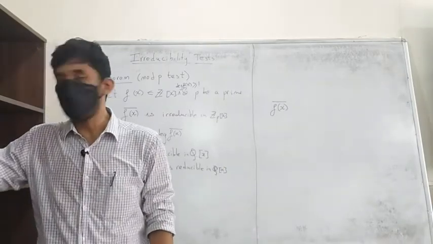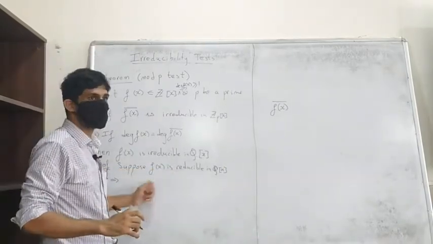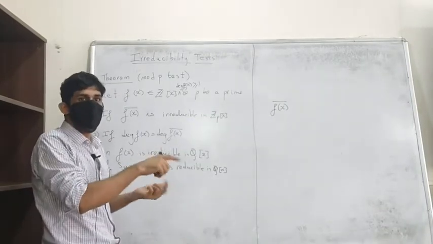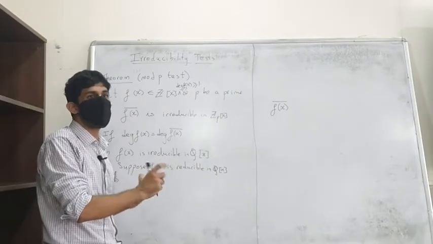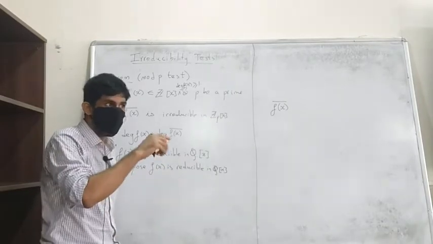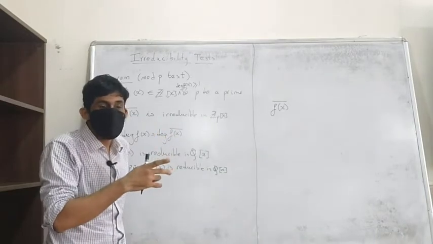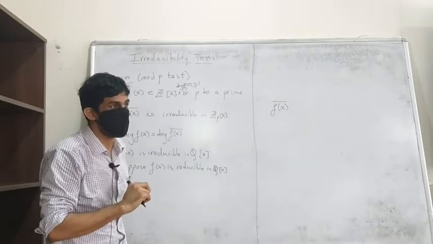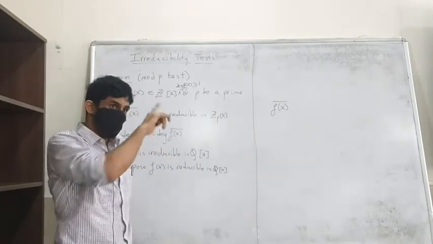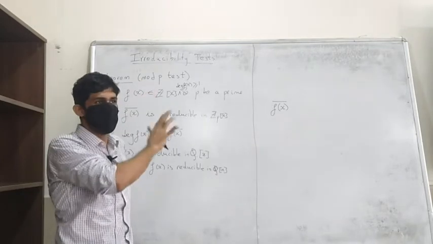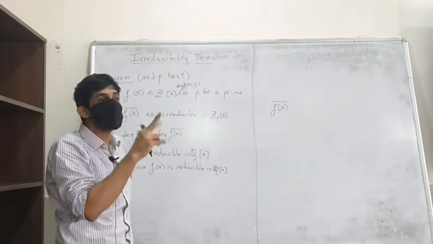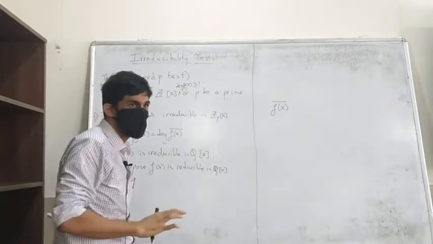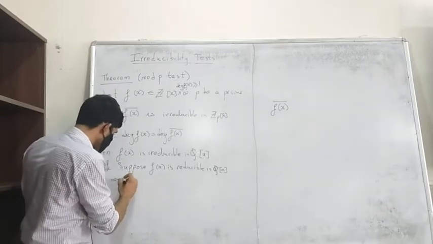We know by the Gauss lemma that if it's reducible in Q, then it is also reducible in Z. If I can break it down into two polynomials in Q, I can also break it as a product of two polynomials in Z. And none of those two polynomials are going to be constant polynomials, because if you look at the proof of the Gauss lemma, there is no change in degree anywhere in the entire proof.